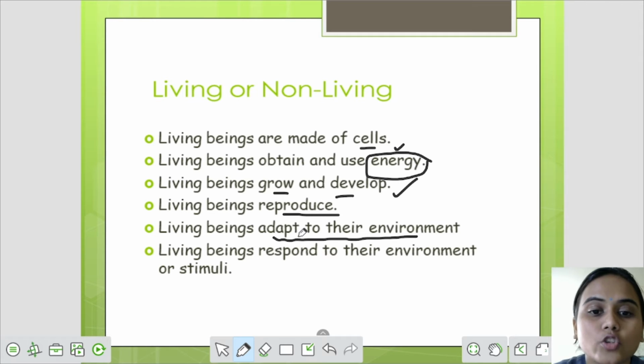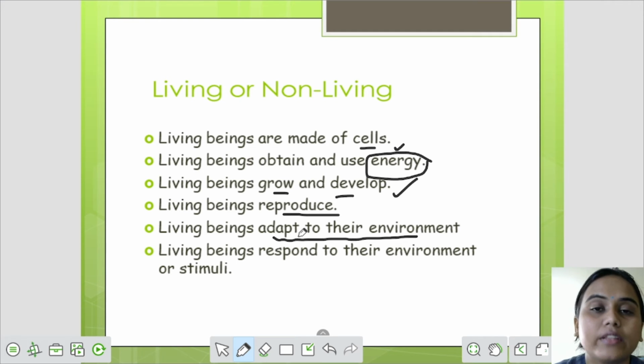Correct? Similarly, the people living in the UK and the people living in Australia have different environmental conditions and are adapted to them. So they cannot just survive anywhere immediately if we change their place; they need certain time to adjust.